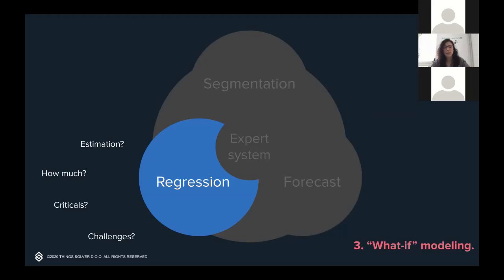So in our case, that was what will happen with the throughput if we change number of users, traffic, utilization, etc., because we got that from the forecasting algorithm and from the projections. So the idea is to provide the estimation, to define some critical KPIs that will be analyzed.